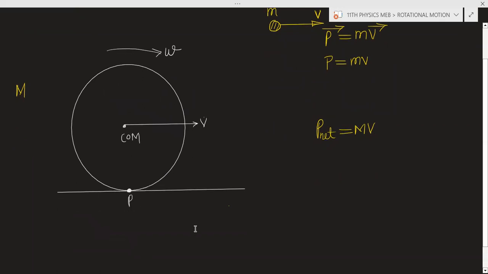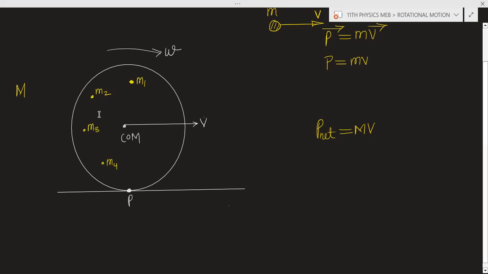For deriving this result, we know that this body is made up of different masses. Suppose one mass is here, m1, another mass is here, m2, another mass is here, m3, another mass is here, m4, and so on.